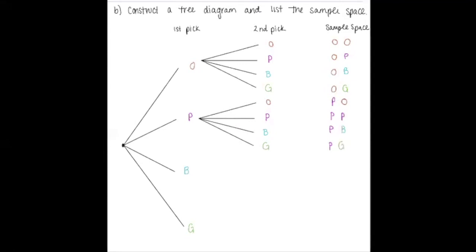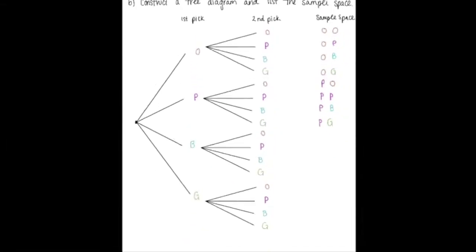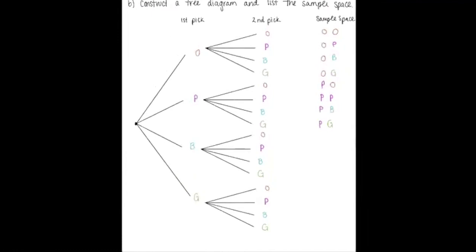And then really this just gets copy and pasted down. Blue with all the options, green with all of the options. So blue is selected first, and then orange, pink, blue, and green. Green is selected first, and then all the colors again. Okay.